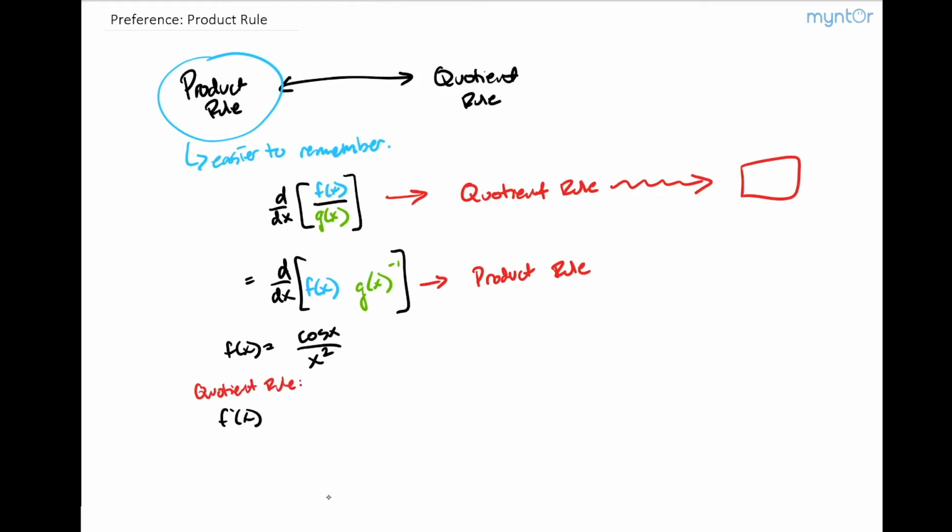F prime of x is going to be equal to the derivative of the numerator, so negative sine x, times the denominator, so x squared, minus the derivative of the denominator, so 2x, times the numerator, so cosine x, and then all of this divided by the denominator squared, so x squared squared.